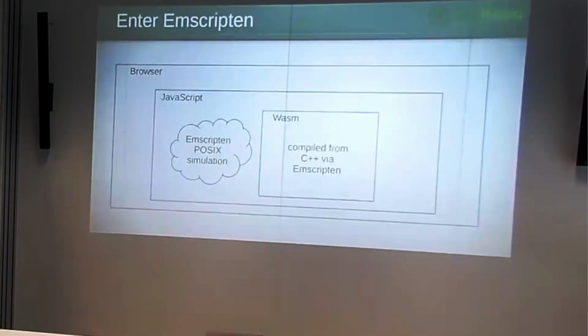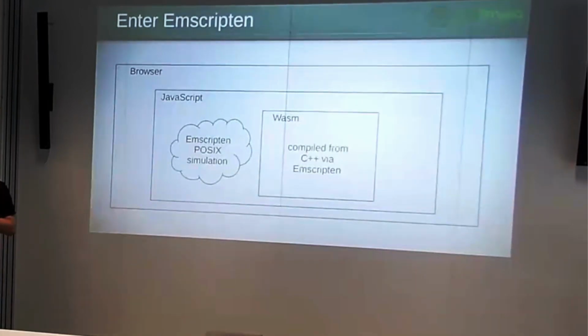And another interesting part of Emscripten is that a binary by itself can't do much, so it can't even print anything or read anything or get any interaction with the outside world. So it needs some kind of standard C library at the very least.